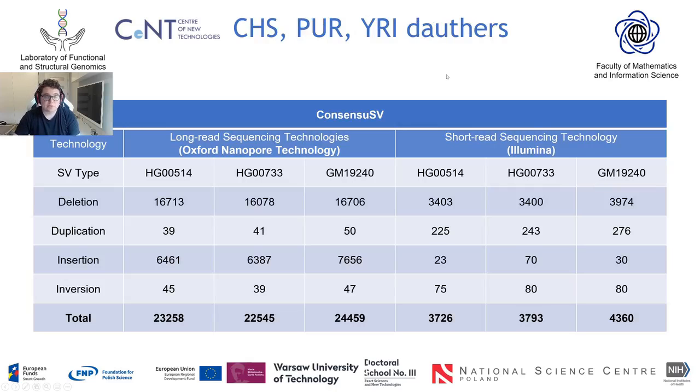We took the trios from the 1000 Genomes project. We took only the daughters from those, and we ran the whole pipeline on the Oxford Nanopore technology, as I mentioned, and the Illumina one, and the results are presented in this table. In the case of Illumina, we obtained around 4000 structural variants from the whole pipeline, and in the case of Oxford Nanopore, it was around 24,000 structural variants.